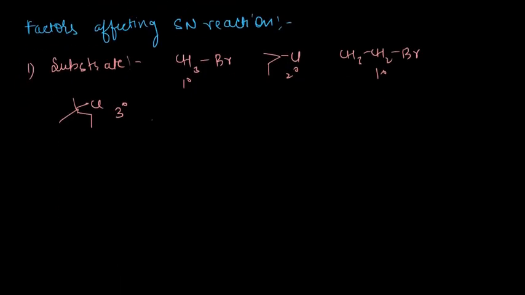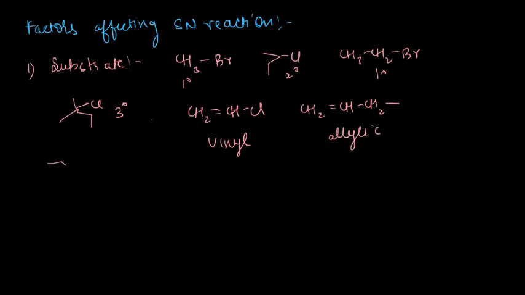It could be like CH2=CHCl, which is known as vinyl. It could be an allylic substrate, CH2=CH-CH2, which is known as allylic substrate. This could be a phenyl also. It could be benzyl also, which is CH2 benzyl.